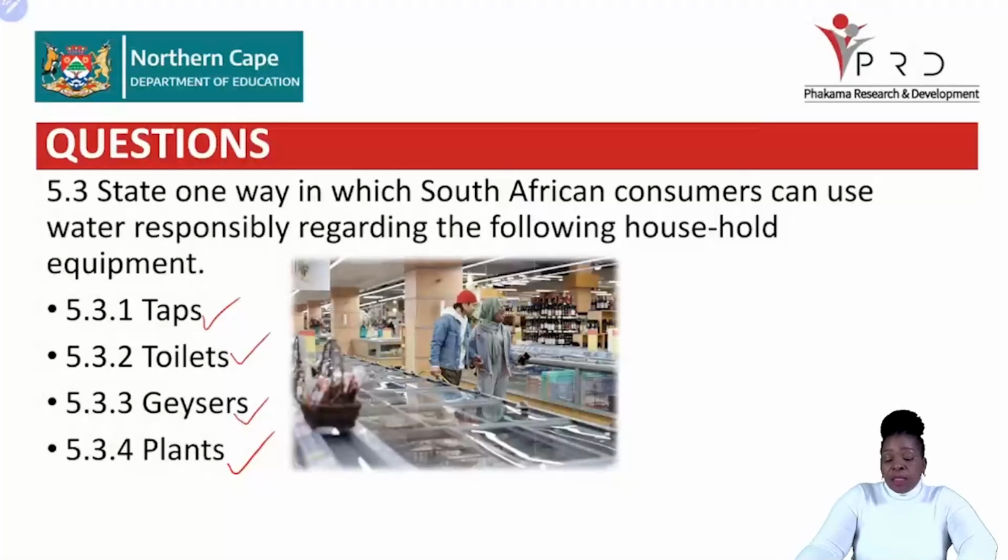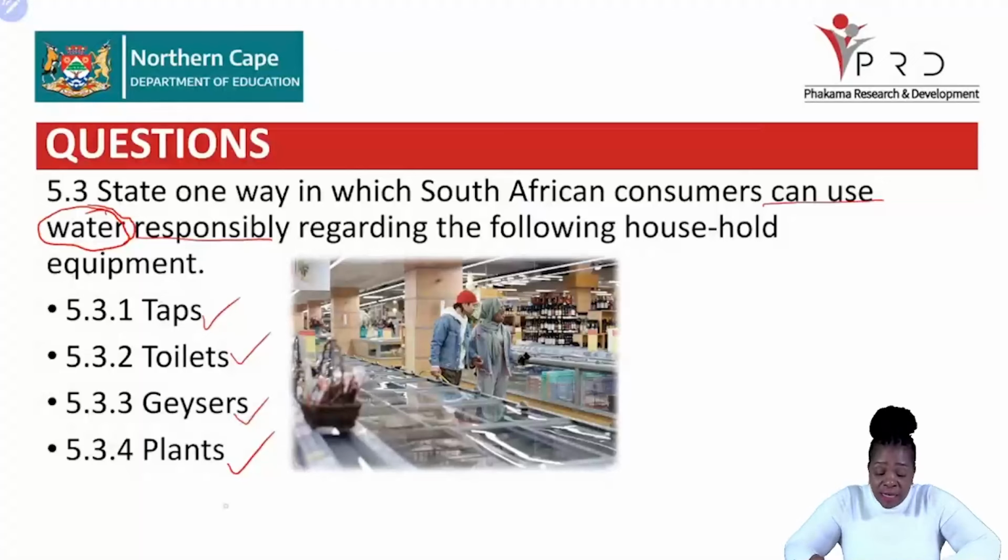So the question says, state one way in which consumers can use water responsibly. Our main words here are the use of water responsibly, using a tap, using the toilet, using the geyser, and using plants. Like we said in our previous revision lesson, always read and understand the question. I'll give you just 2 minutes to answer the questions.